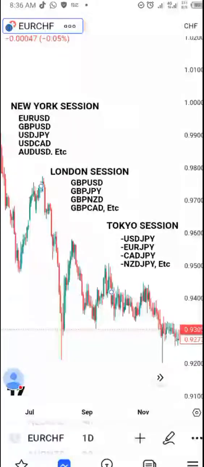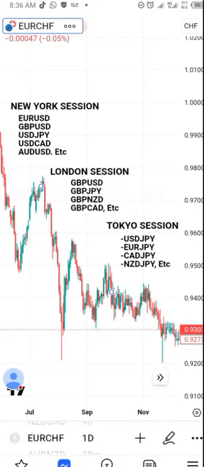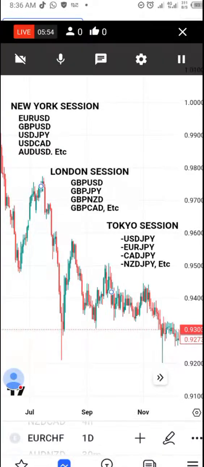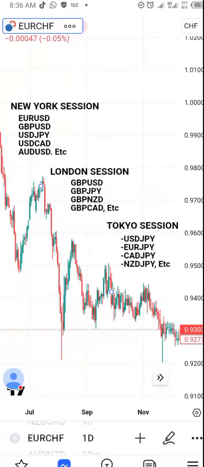Mind you, the trading session, the market is open where you can trade some assets. We have times where each of these markets opens. So I'll put it this way: a session is a time a particular market is open where you can trade a particular currency pair.